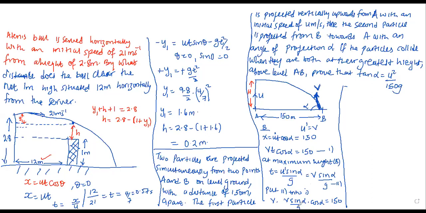When you do that, you can clearly see that we have V squared. When I substitute for t, I'll have V squared sine alpha cos alpha over g is equal to 50.